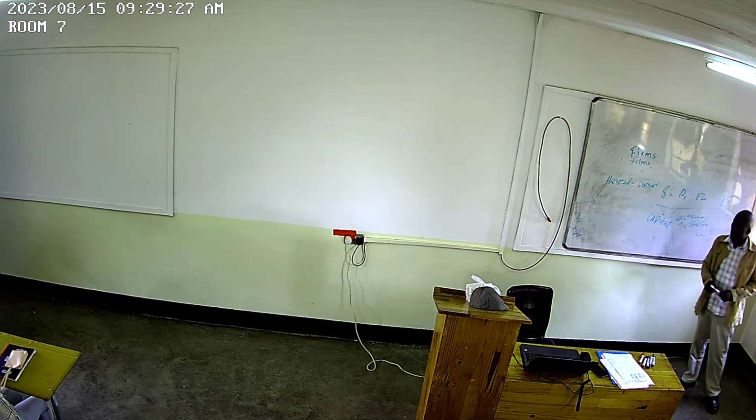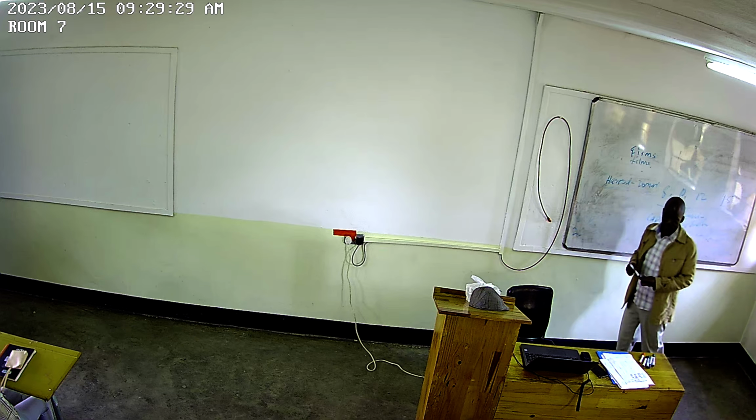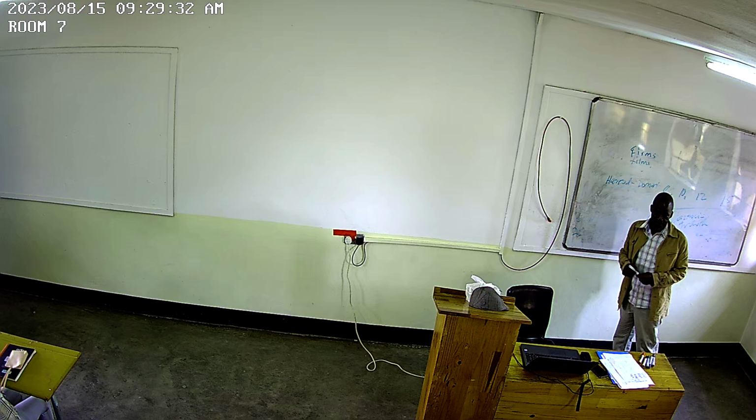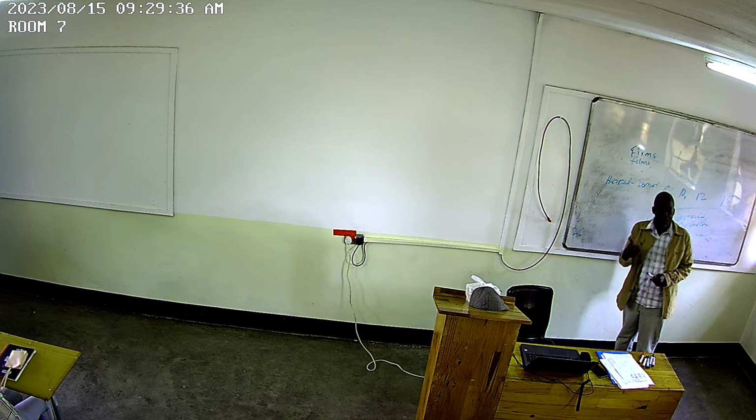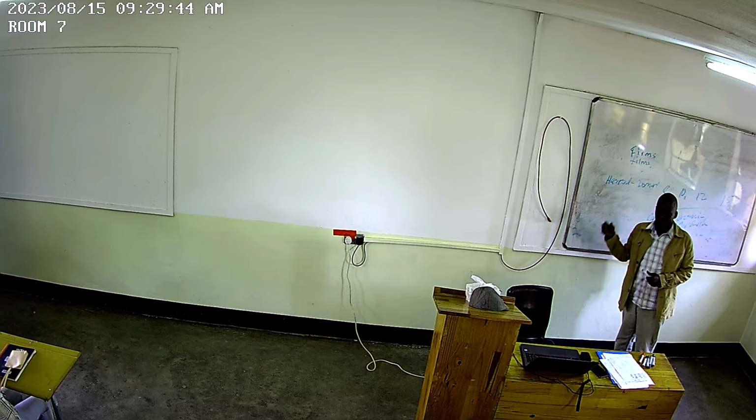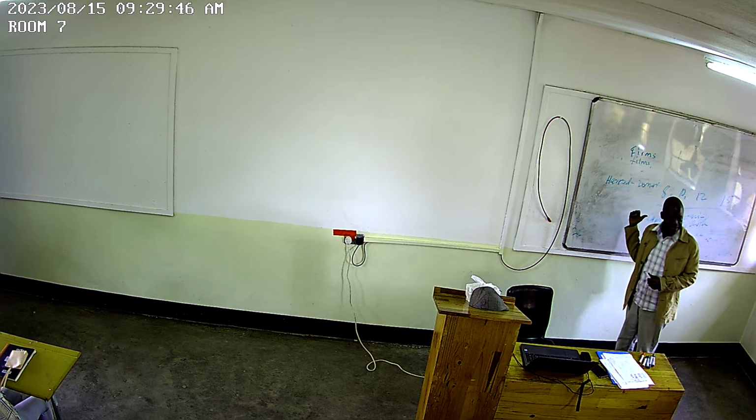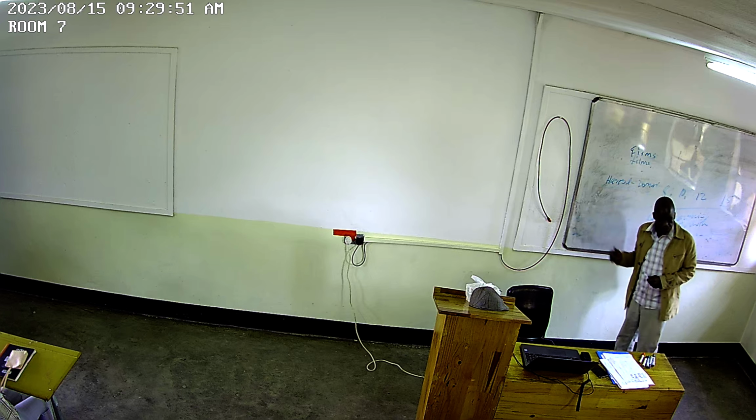The Harrod-Domar model. They are more concerned about capital. So they are trying to explain how you can grow, how people grow, or how countries grow, based on their assumption that capital and capital formation.